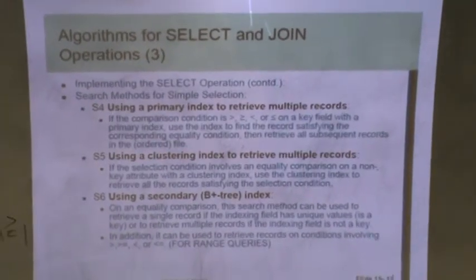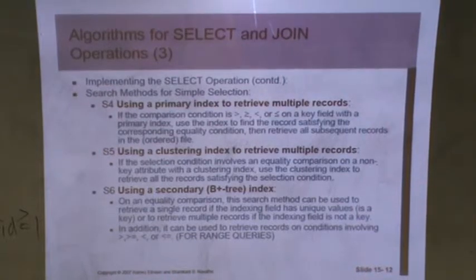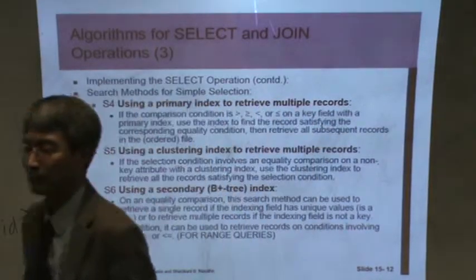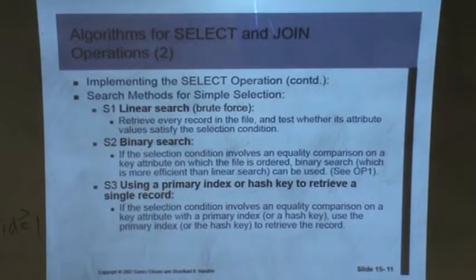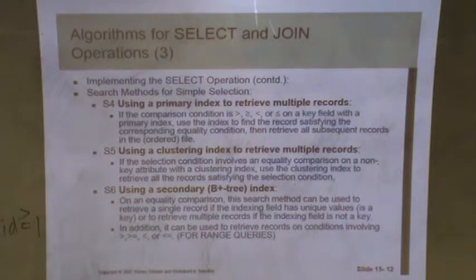The next one is the secondary index. We already have the primary index for the primary key. That is sorted, and it is guaranteed to be unique data, so we can just sort the data.